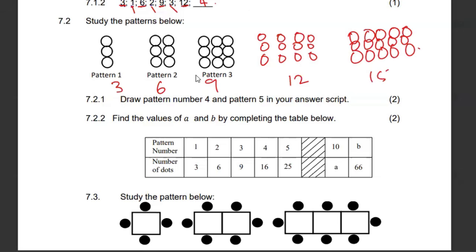Okay, so that is how it is. Then they want us to get the values of A and B. So if the position is 10, what's 10 times 3? That's going to be a 30. And then which number gives us a 66? So 66 divided by 3, which is going to be a 22. So A is a 30, B is a 22.